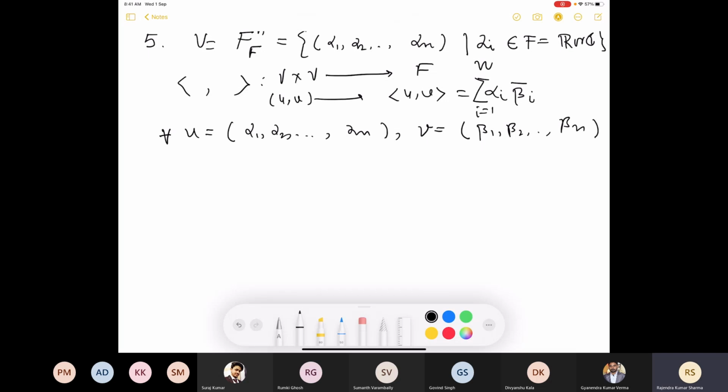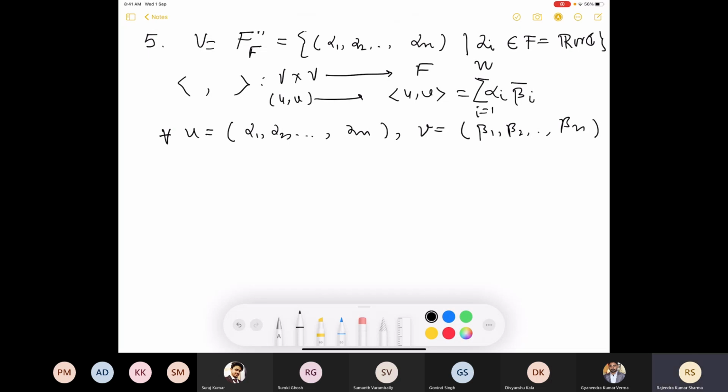Now we are interested in proving the property about the norms. So the two properties about the norms that we would like to prove would be, one is the triangle inequality, another is the Cauchy-Schwarz inequality.